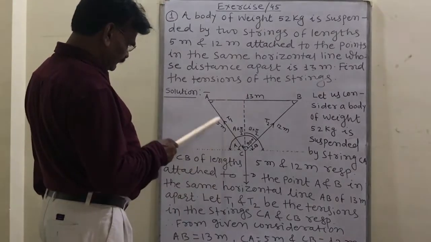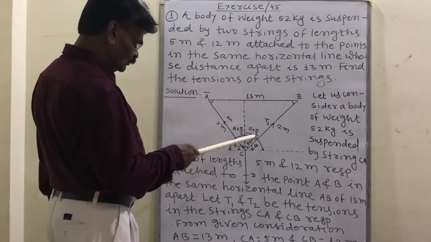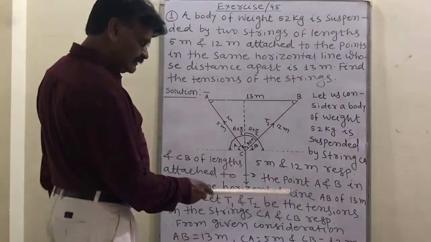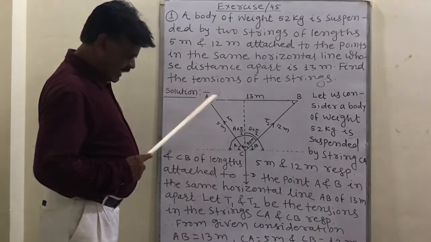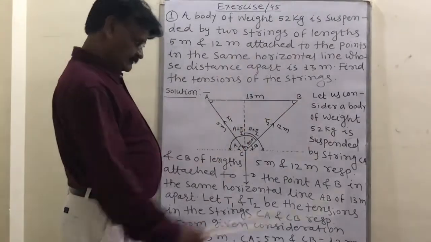Let T1 and T2 be the tensions in the strings CA and CB respectively.